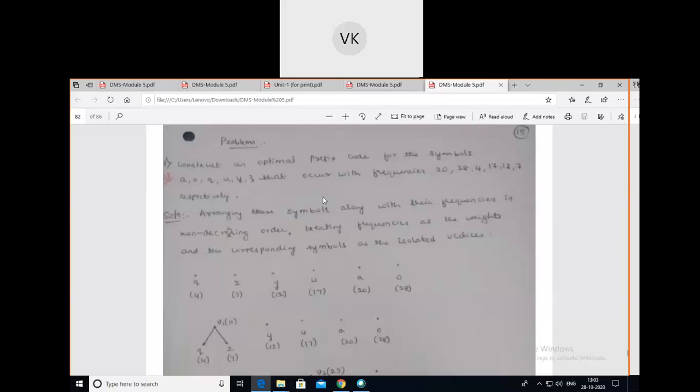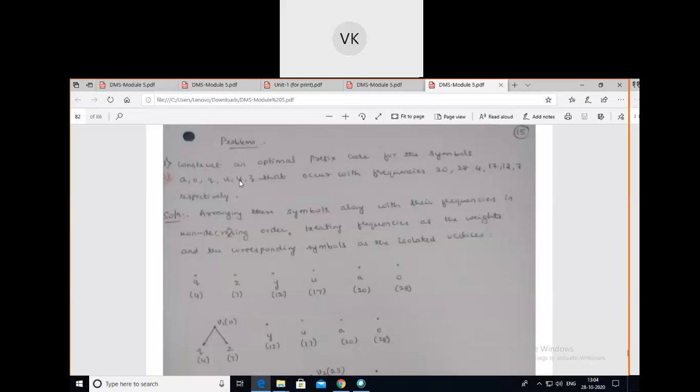First you should know what he has given and what he has asked. He has given symbols with specific weights, and he has asked the prefix code of a, o, q, u, y, z.